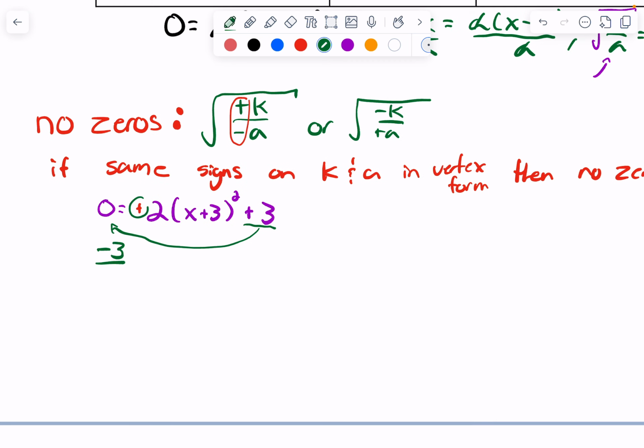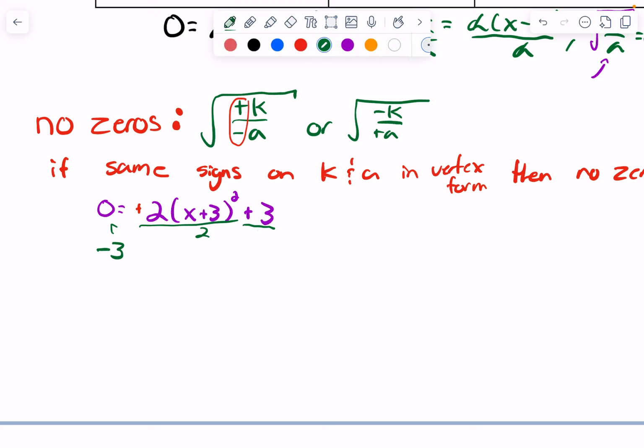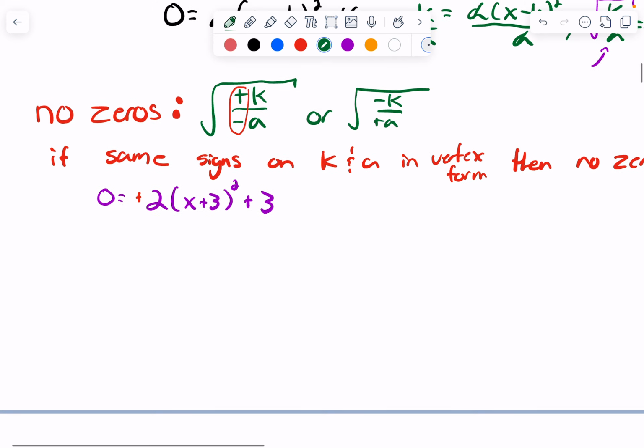But this one doesn't, okay? This one, you just simply divide the whole thing by 2 after, so you have it over 2. So in this scenario I have created right here, your root of k over a would be minus 3 over 2, and that would be a problem.